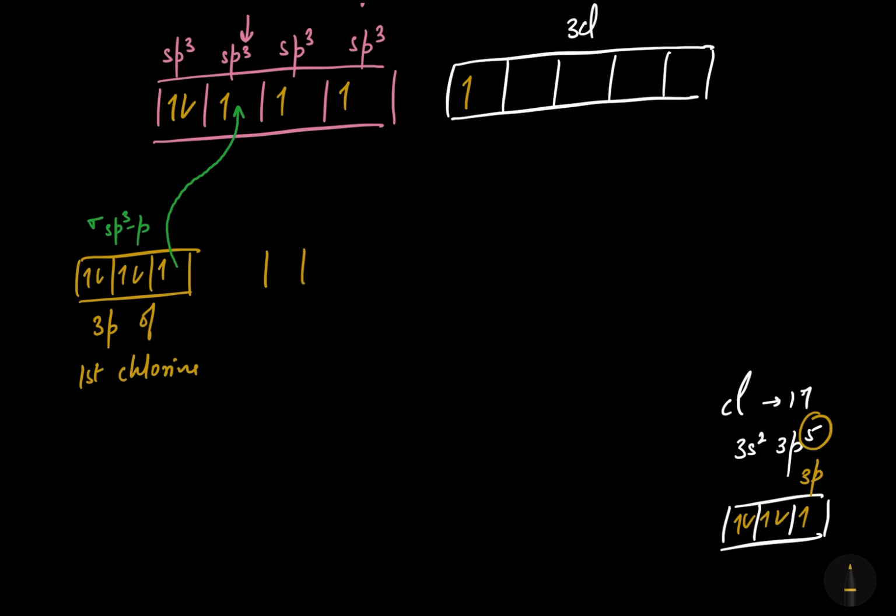That's the 3p subshell of second chlorine. I'm writing 3p of second chlorine. Now here also the 3p will have the 5 electrons. That's the first, second, third, fourth, and the fifth.